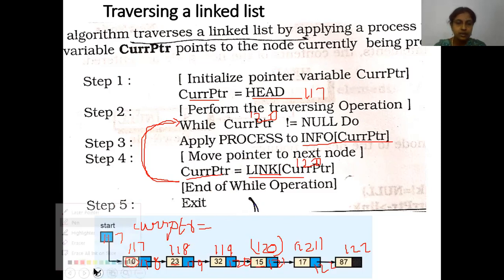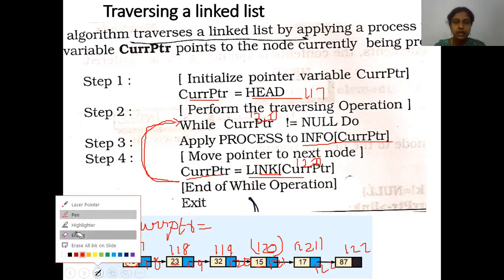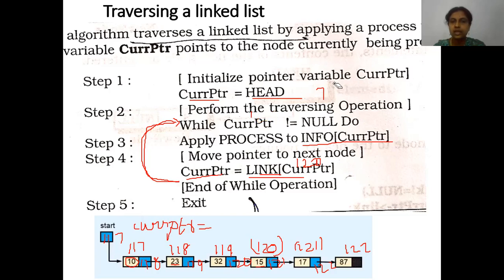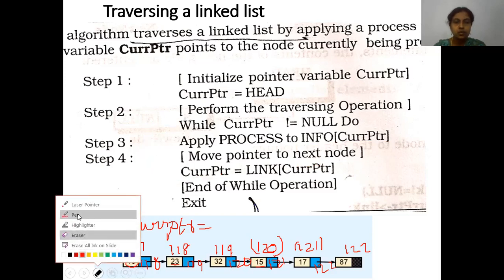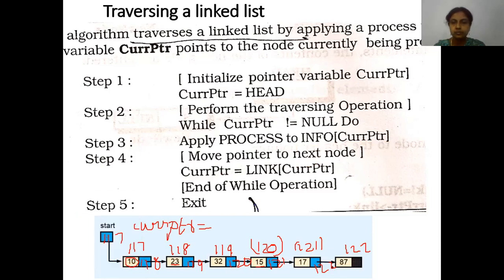Now let me erase the other ink mark, because this would have been our last step. So with 121 as the value, it would have considered 17 as the info part, and the link is 122.